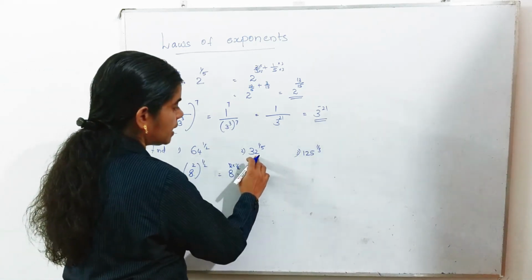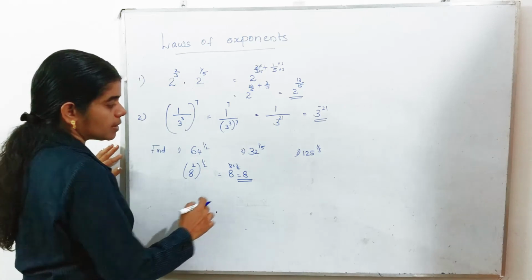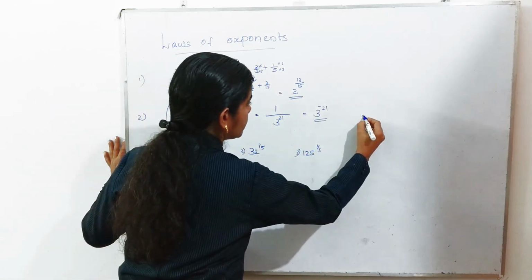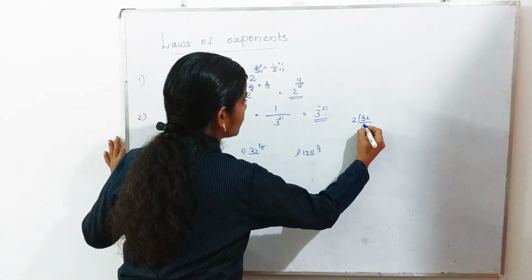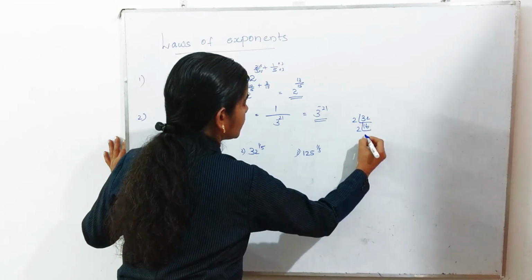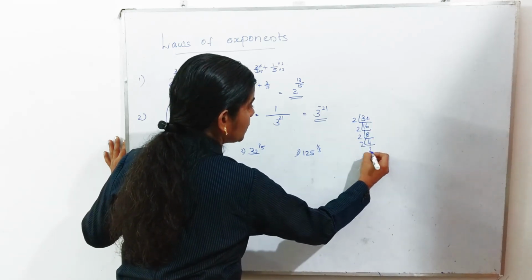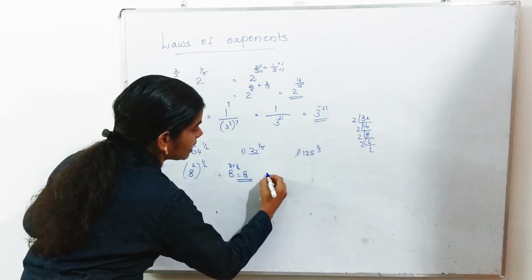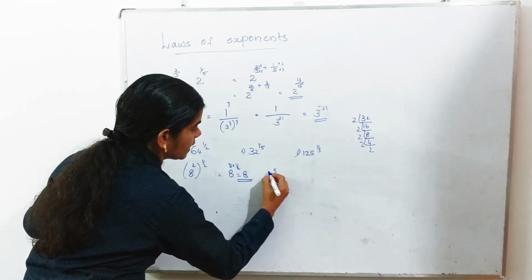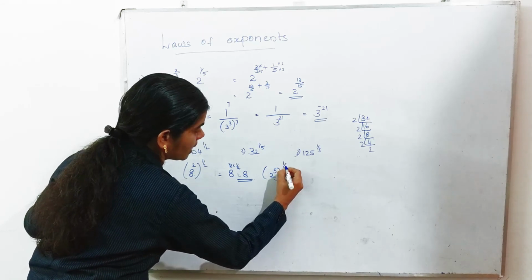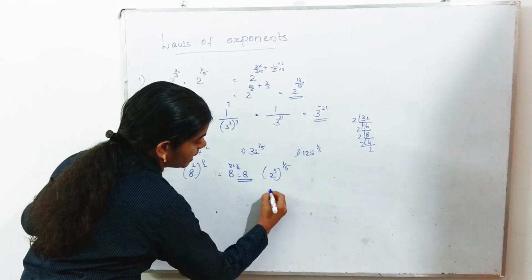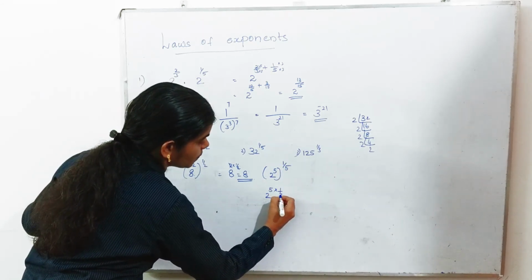Then 32. When factorizing 32, you get 16, 2, then 8, 2, 4, 2, 2. Therefore, 32 you can write as 2 raised to 5, all raised to 1 by 5. That will be 2 raised to 5 into 1 by 5.